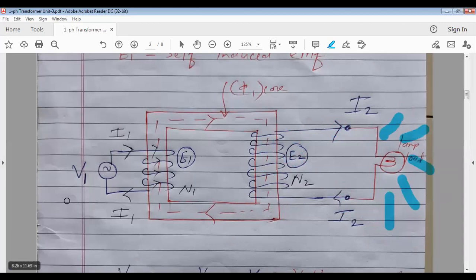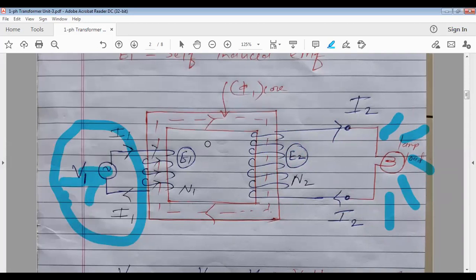On which side did you apply the input? The primary side. If you observe the circuit, the primary and secondary windings are not physically connected to each other. They are magnetically coupled with each other, isn't it? So still, what is happening here? You have applied electrical energy to the primary side.